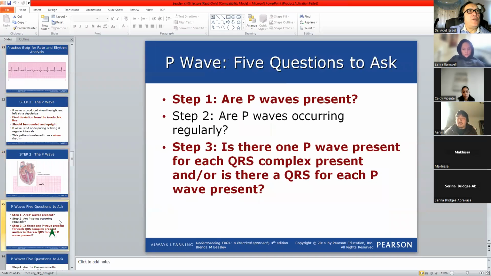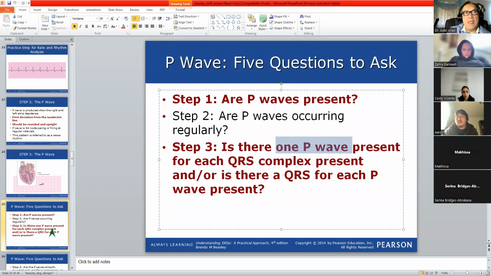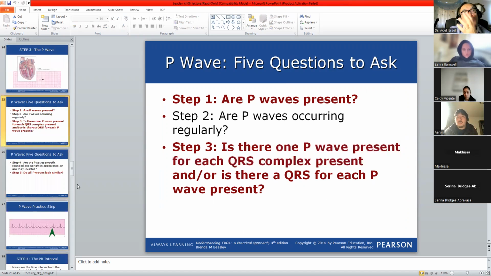First of all, we have to be sure whether the P wave is present or not. And look here, one P wave is present for each QRS. As I told you, the number of P waves should equal the number of QRS complexes. This is very important because in the future we may find that the numbers are not related to each other, and this is a problem with the heart.